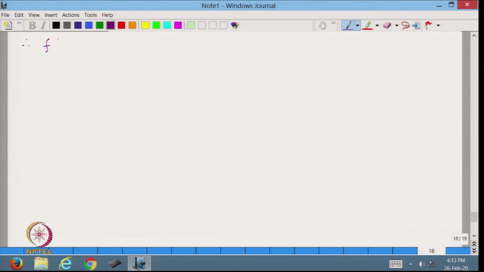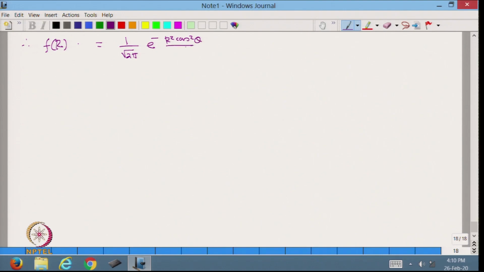Therefore, f of r is equal to 1 over root 2 pi e to the power minus r square cos square theta by 2, multiplied by 1 over root 2 pi e to the power minus r square sin square theta by 2, multiplied by the Jacobian, which is r, and then I am integrating it over the range 0 to 2 pi with respect to theta.